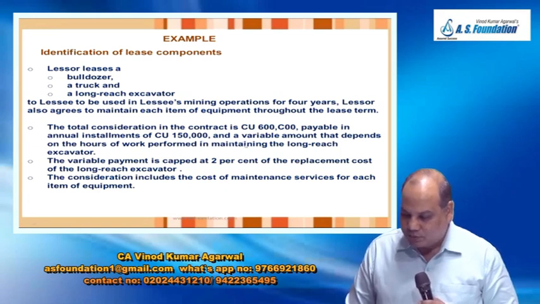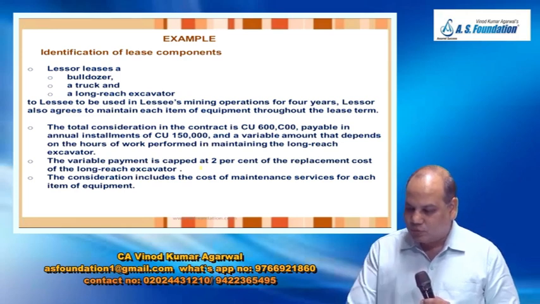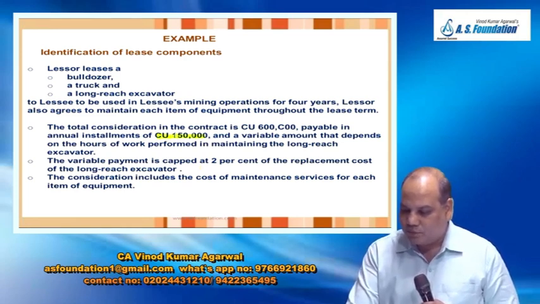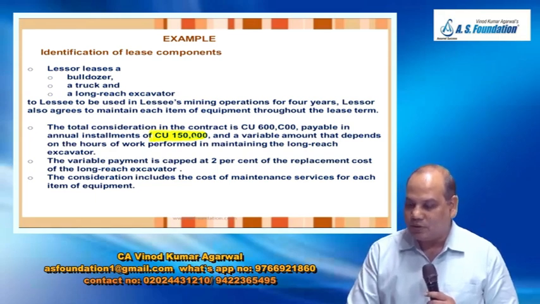So this is a fixed payment and a variable amount that depends on the hours of work performed in maintaining the long reach excavator. You will learn soon that only fixed components are considered as part of lease payment.